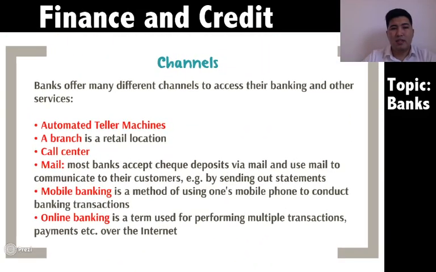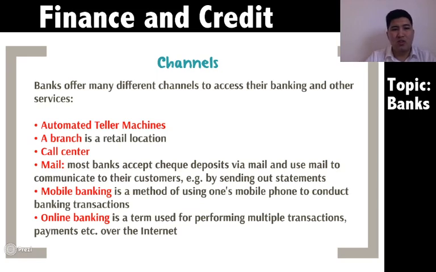Next slide. There are channels through which a bank can provide its services. The first one is the automated teller machine. It is very useful because it allows people to receive services without going directly to the bank.